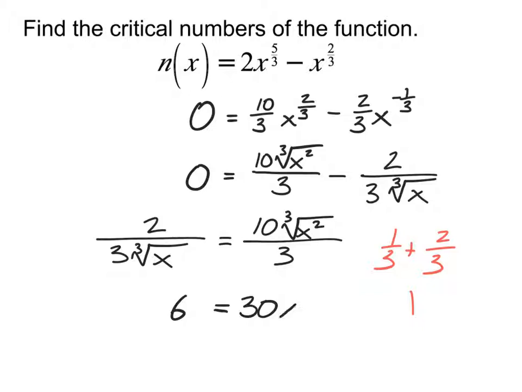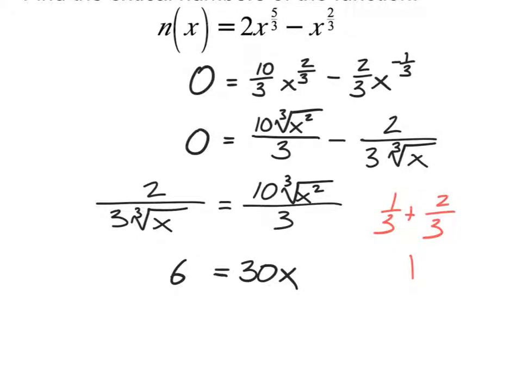And so once again, awfully conveniently, it just ends up giving us an x there. Now, notice we're not done yet. I still need to solve that out. So I divide both sides by 30. When we do that here, we end up getting x equals either 1/5 or 0.2. Either way you say it is fine here.